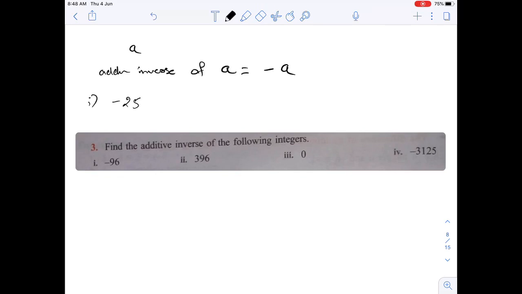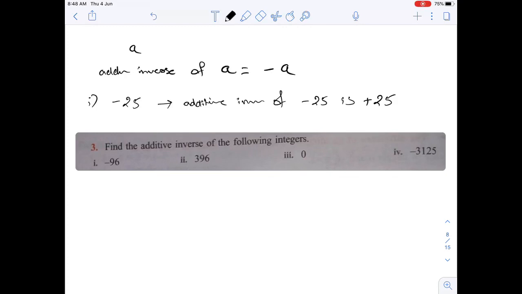The same number you have to write, there will be no change in the number, only we change its sign. So it will be plus 25.